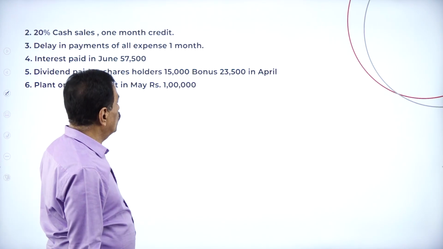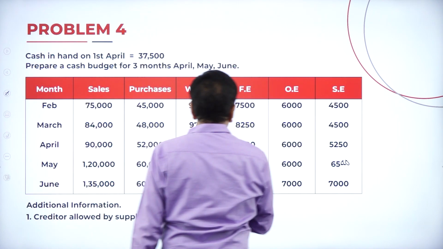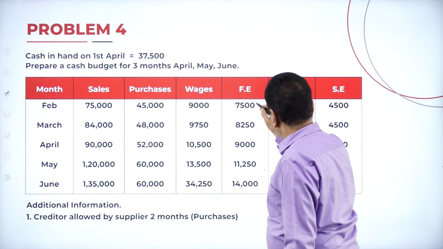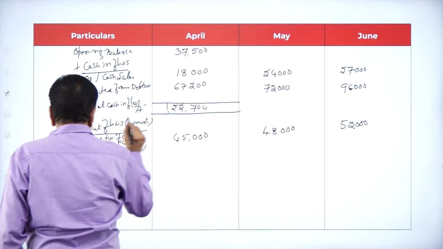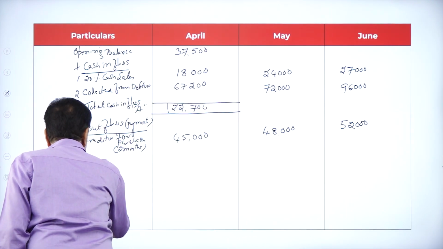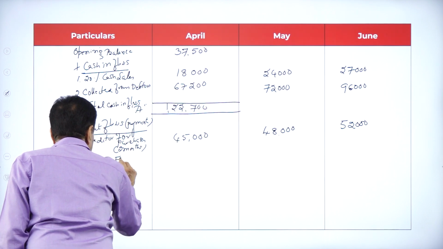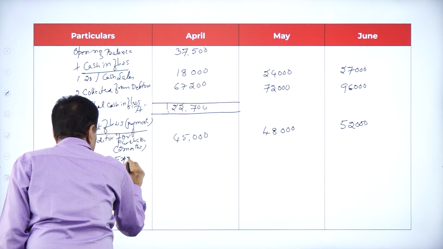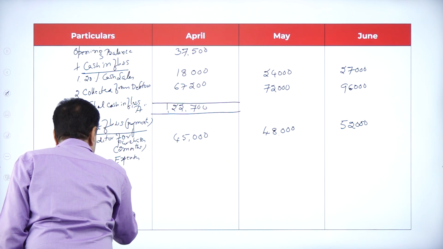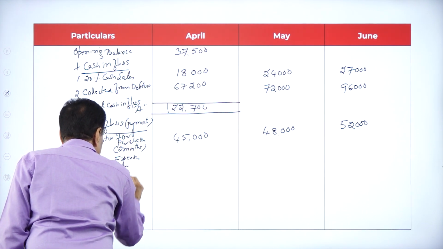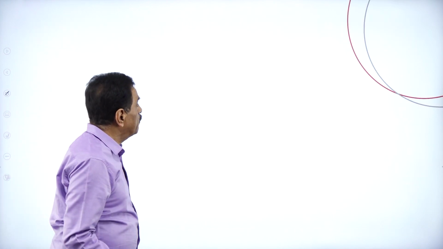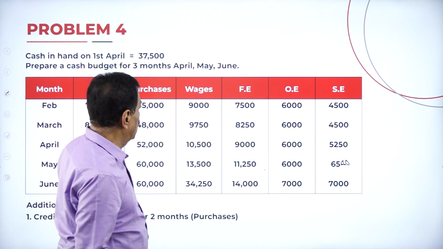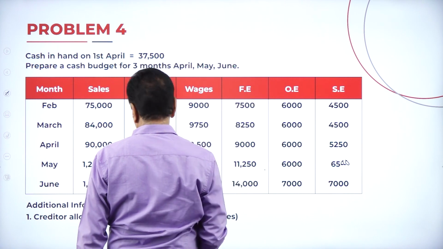First one, you'll go to expenditure. First one, fixed expenses, or factory expenses, 1 month gap. March and April, fixed or factory expenses.